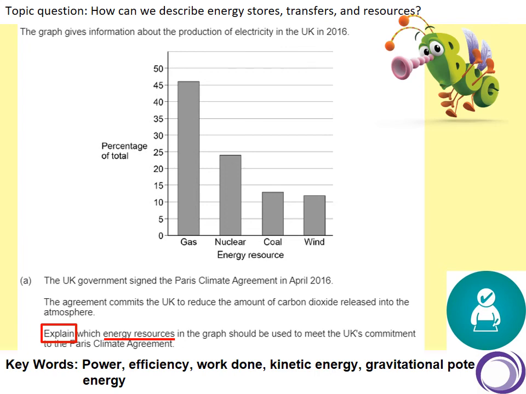Remember, the Paris Climate Agreement is to reduce the amount of carbon dioxide released in the atmosphere. So you will have to think about which energy resources release carbon dioxide, which ones don't, and which would release the least amount of carbon dioxide. Those are things to think about for that question. Please pause the video here and have a go.